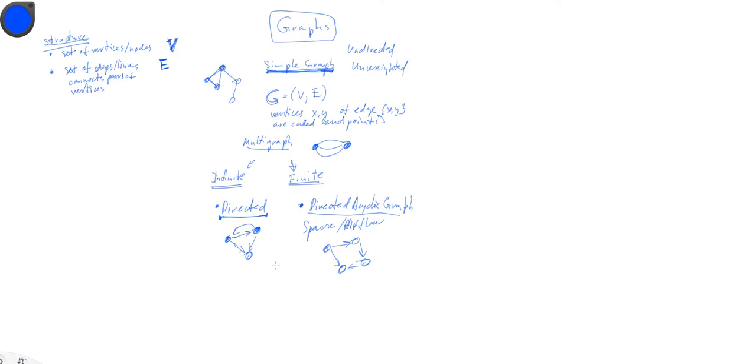And of course there might be some mixed graph where we have a bunch of undirected, unweighted edges, and some of the edges might be directed. Right, so in addition to that, we have of course a whole class of graphs which are weighted.